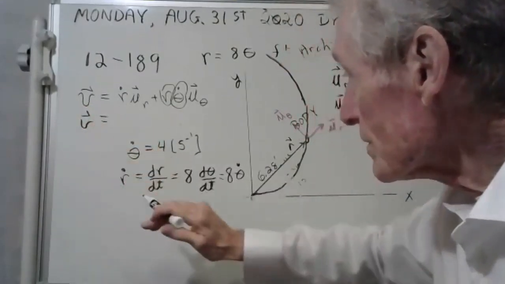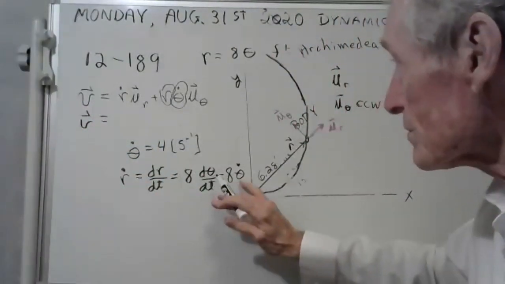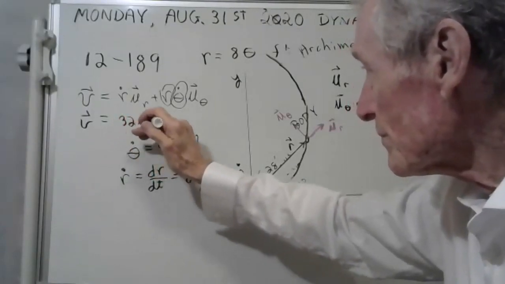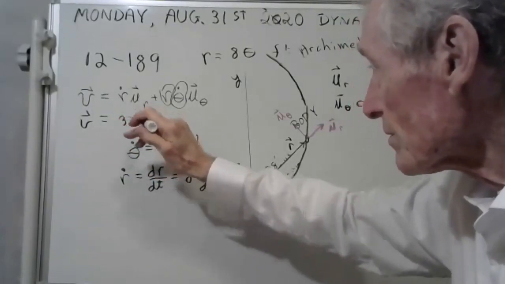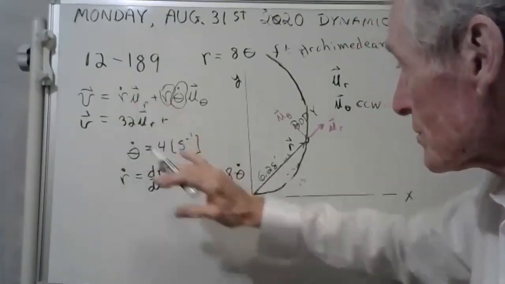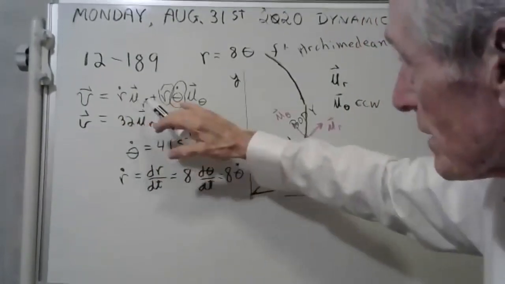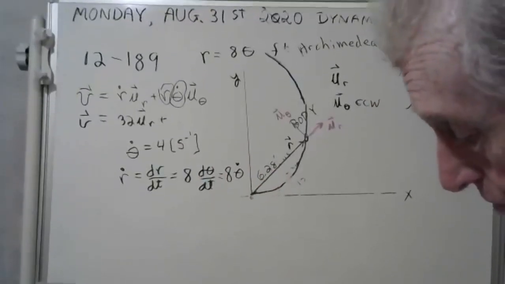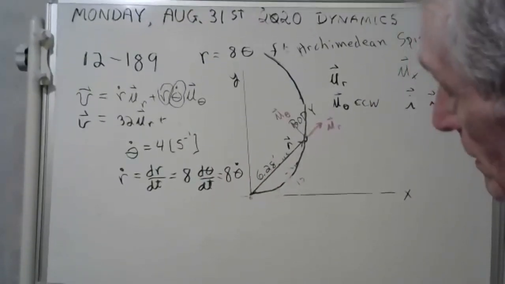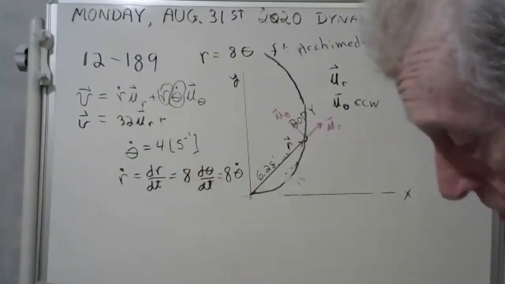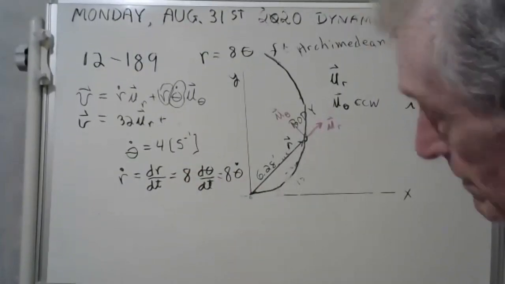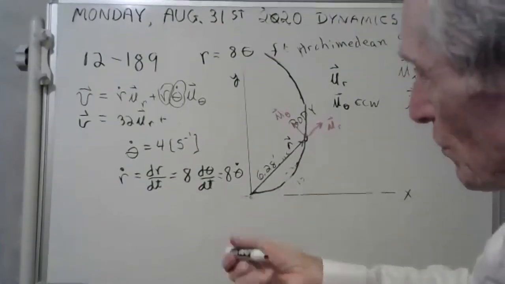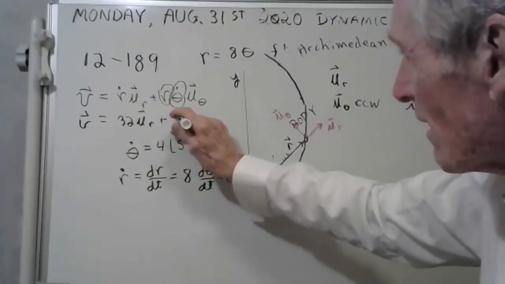The velocity is 8 times 4, which is 32, in the radial direction. And this is 6.28 times 4. And I don't know what that is, but see, r is 6.28 times 4.